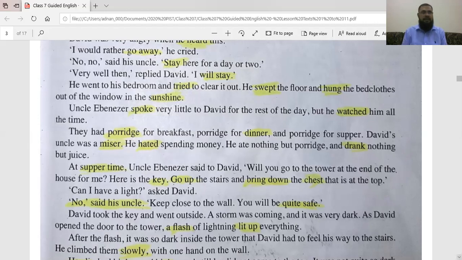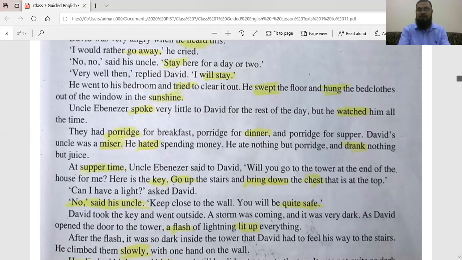"Can I have a light?" asked David. "No," said his uncle. "Keep close to the wall. You will be quite safe." David took the key and went outside. A storm was coming, and it was very dark. As David opened the door to the tower, a flash of lightning lit up everything.